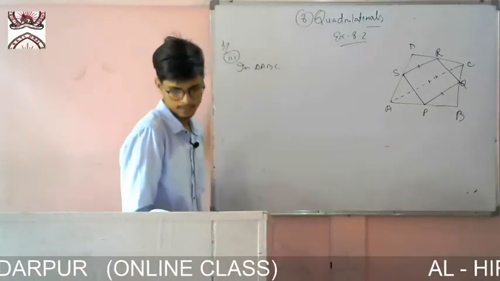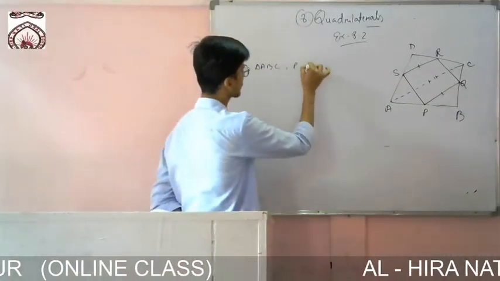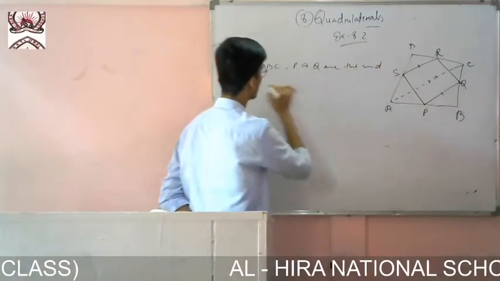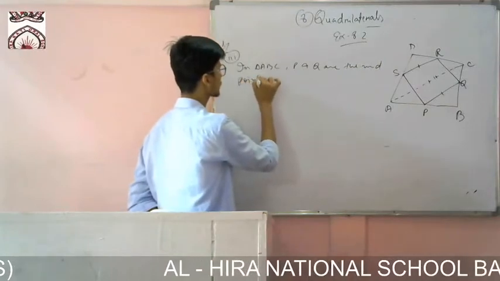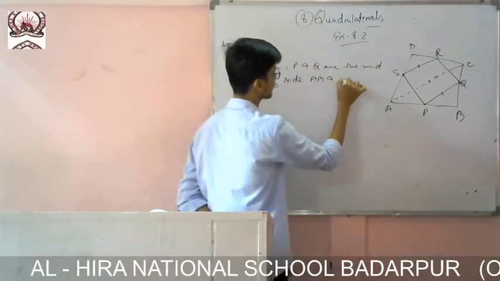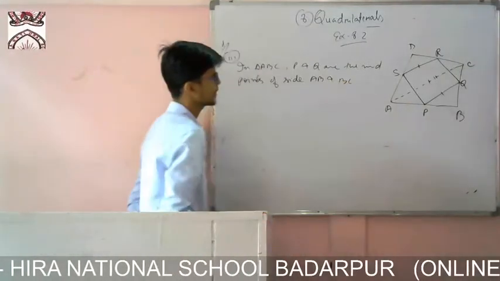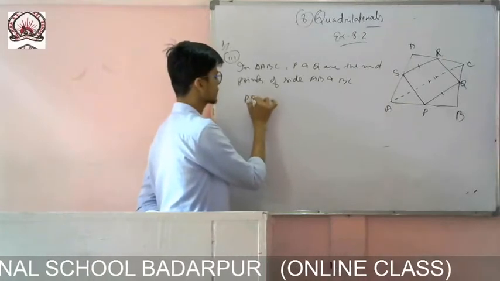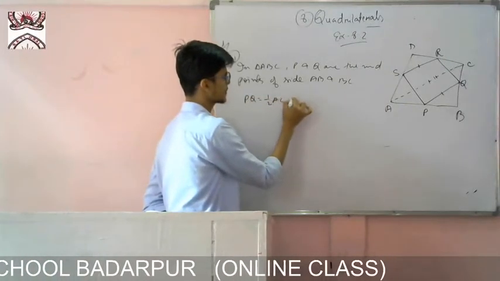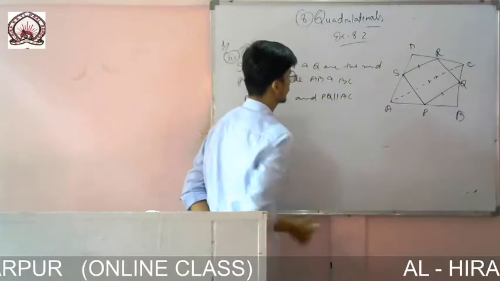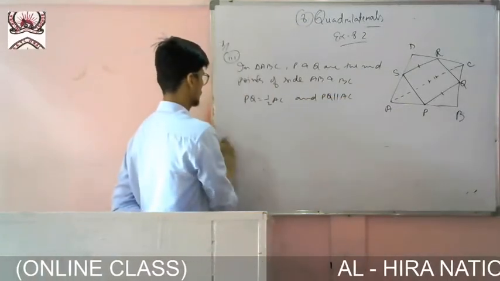In triangle ABC, P and Q are the midpoints of side AB and BC. So I can write PQ is equal to half of AC and PQ is parallel to AC.